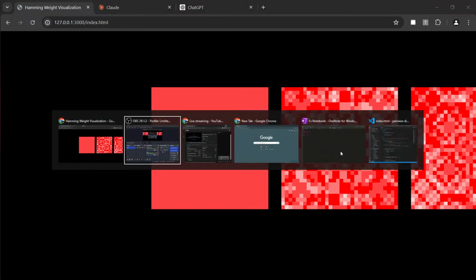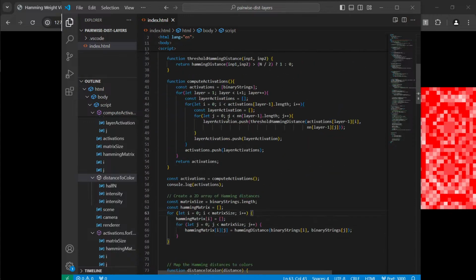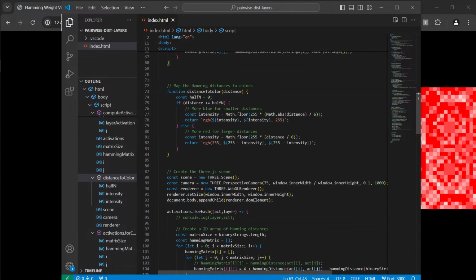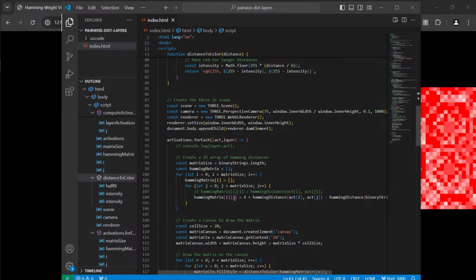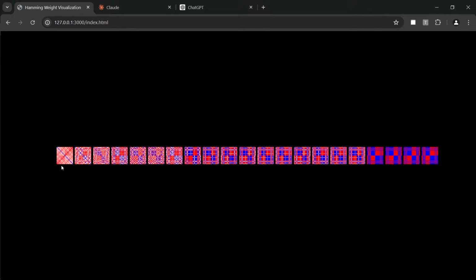And yeah, so let's just show the raw distances. Right, so these are raw Hamming distances.